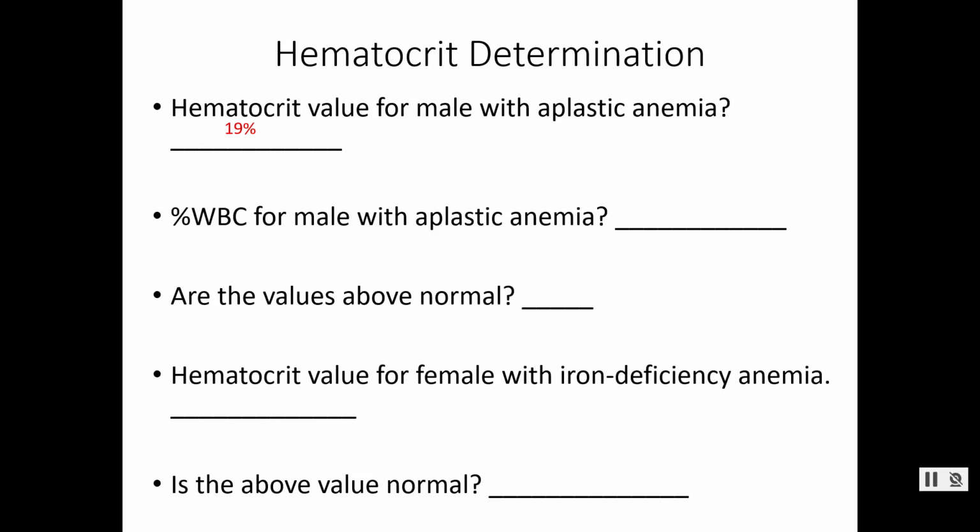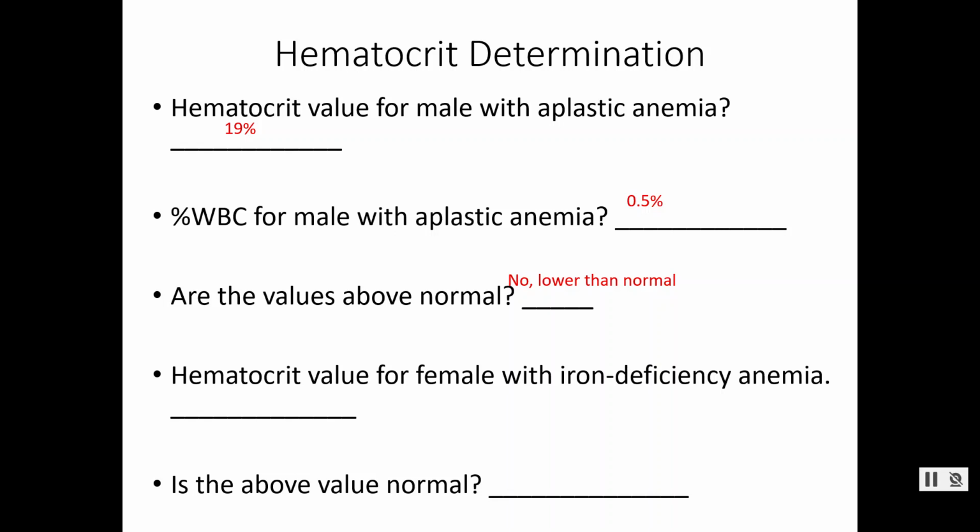What about the percentage of white blood cells for our aplastic anemia patient? 0.5%. Are the values above normal? No, they are fairly low. So in aplastic anemia, what's happening? Your body has suddenly become incapable of producing blood cells like it once could.